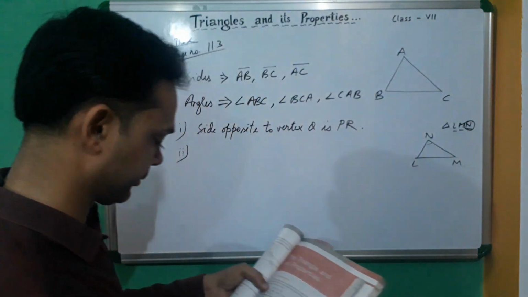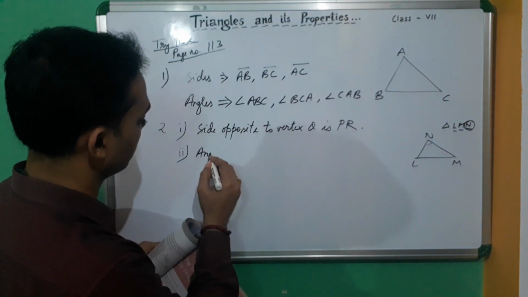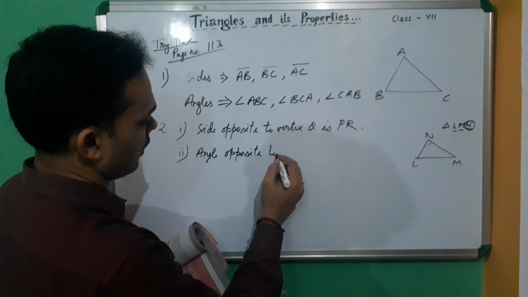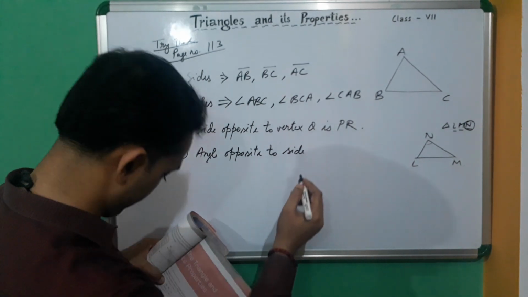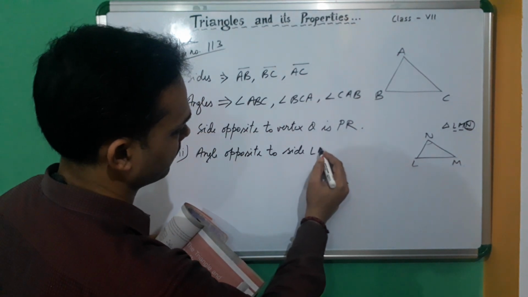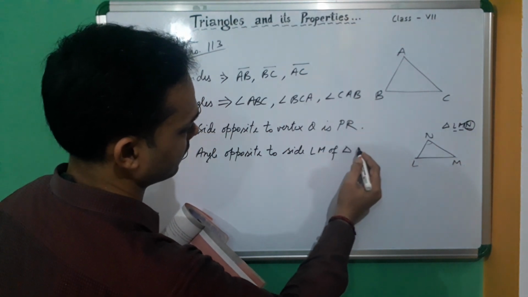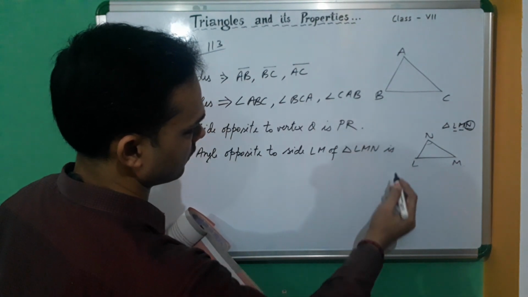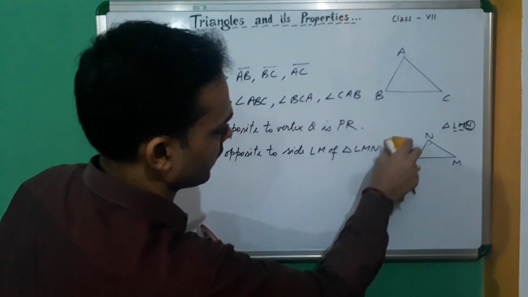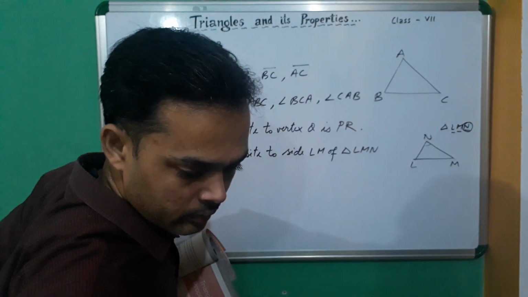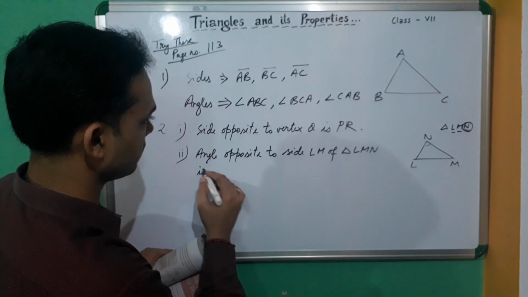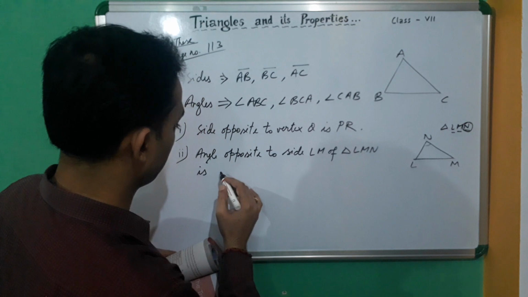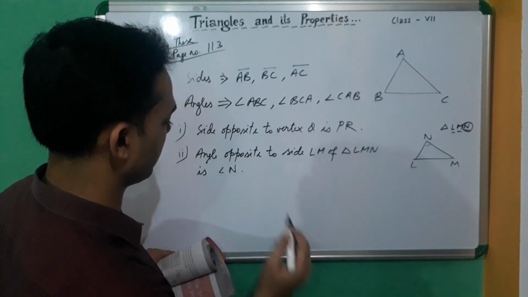Angle opposite to side LM of triangle LMN is, so opposite to LM, it means that will be angle N.